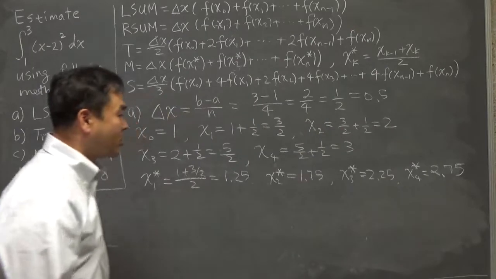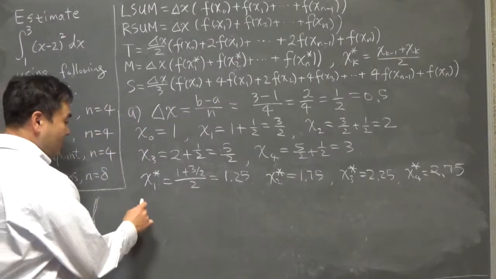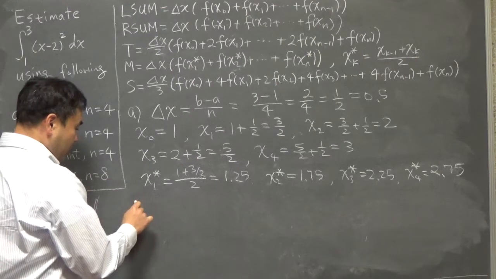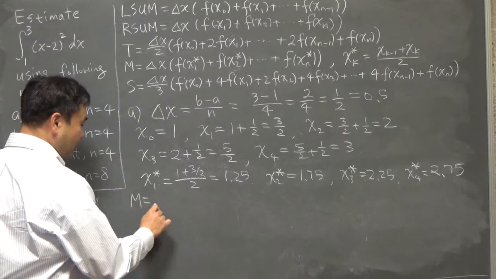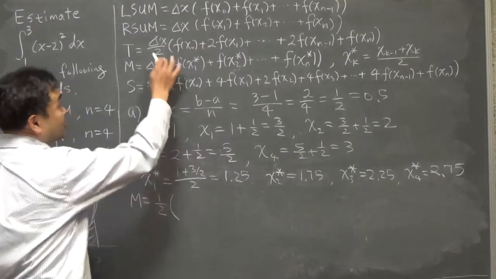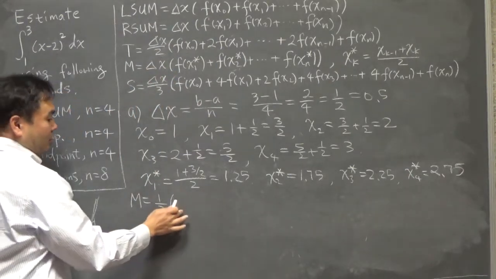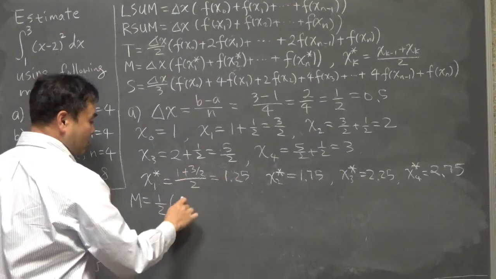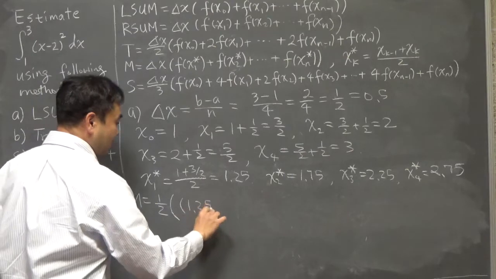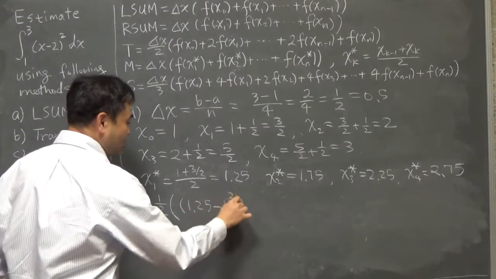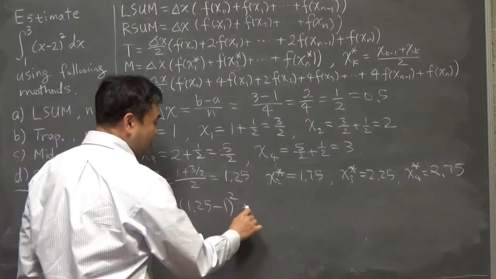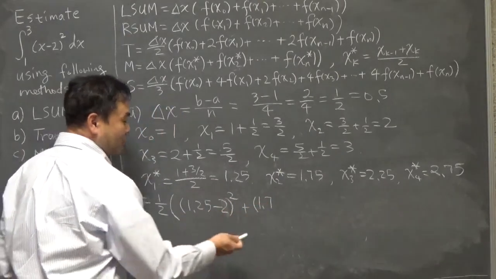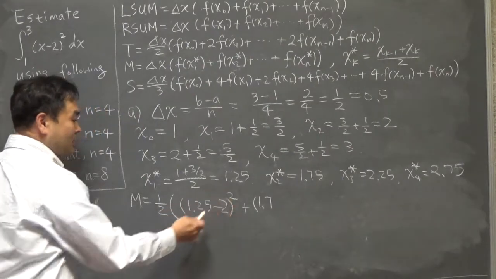Okay, so now we're ready to calculate the midpoint rule, which is delta x times f evaluated at 1.25. So you have to do 1.25 minus 2 squared, because that's the function.